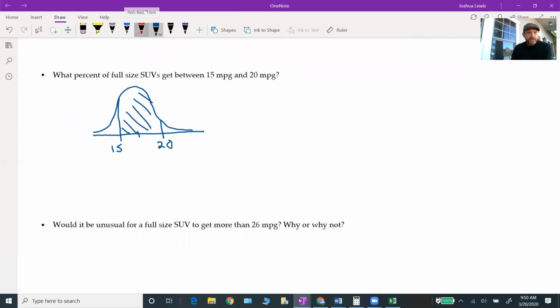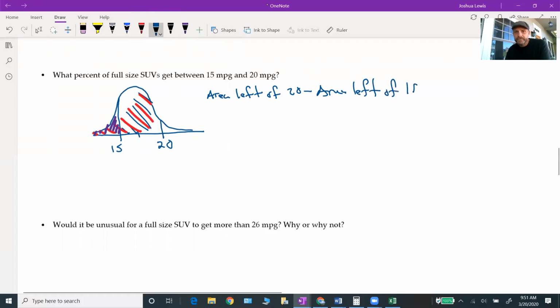Well, if you remember what we did last time in this situation, we can find the area left of 20, and then we can subtract the area left of 15, okay? So that's the game plan. The area left of 20 minus the area left of 15, okay?